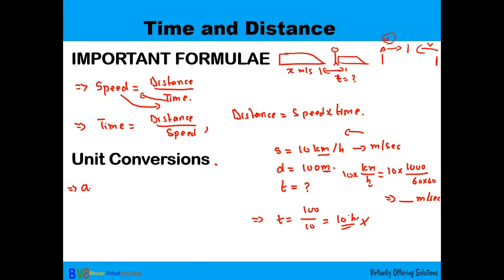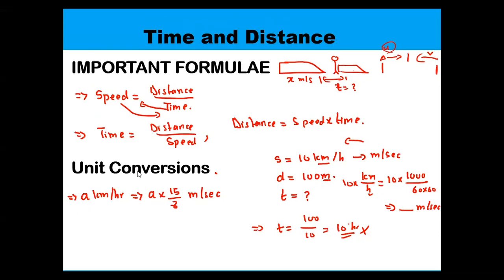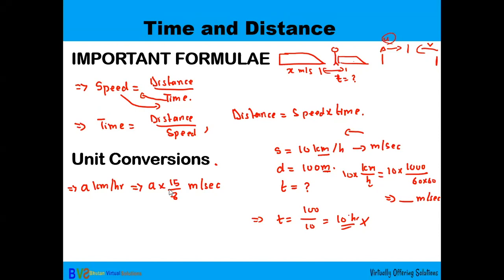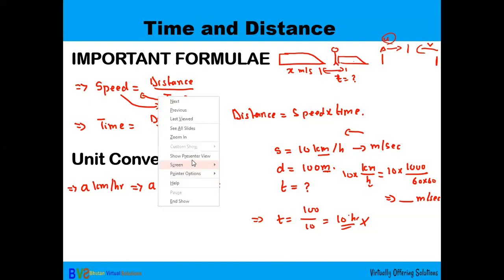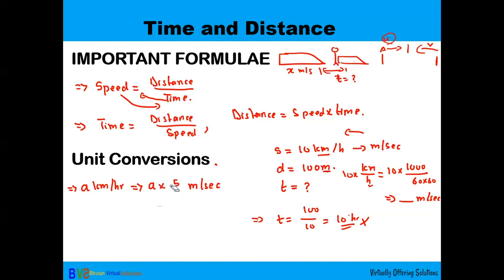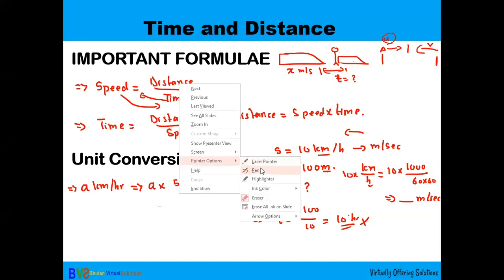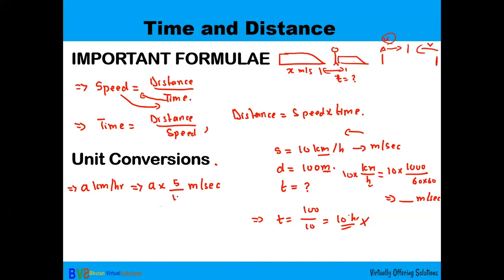To convert a kilometer per hour value into meters per second, you multiply it by 5 by 18. Not 15 by 18, it should be 5 by 18.